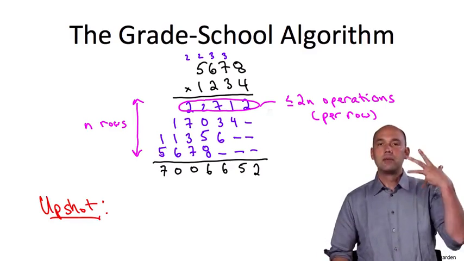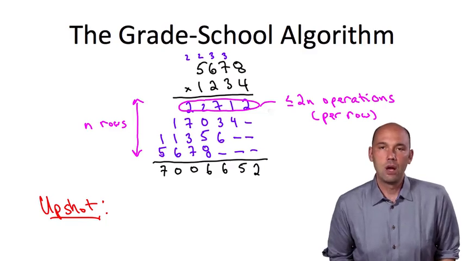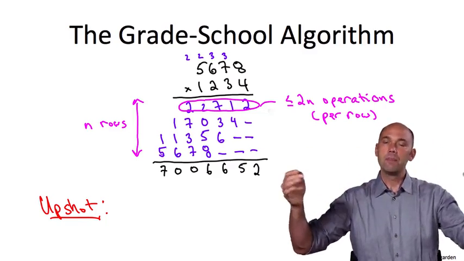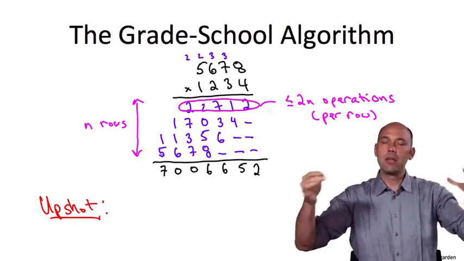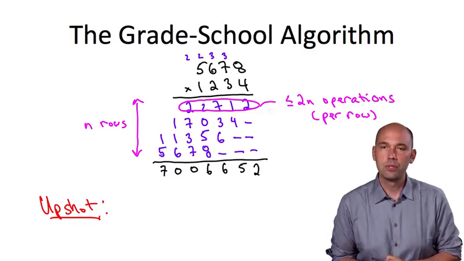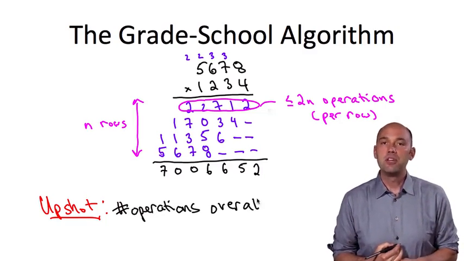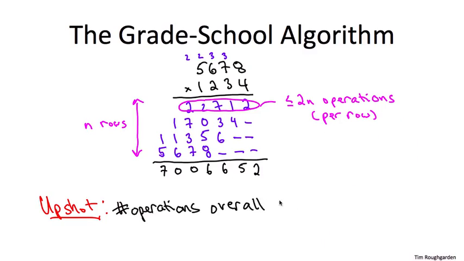So the upshot, the high-level point that I want you to focus on, is that as we think about the input numbers getting bigger and bigger, that is, as a function of n, the number of digits in the input numbers, the number of operations that the grade school multiplication algorithm performs grows like some constant, roughly 4, say, times n squared.